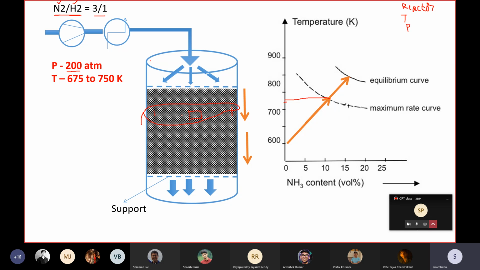Do you agree with me? It is difficult to cool the whole thing through circulation in a big packed bed reactor. So normal jacketed cooling will not work with these big packed bed reactors.